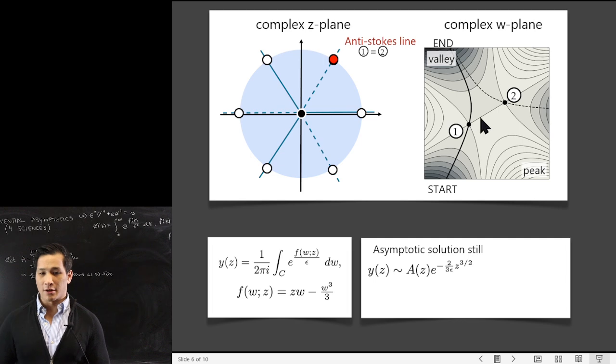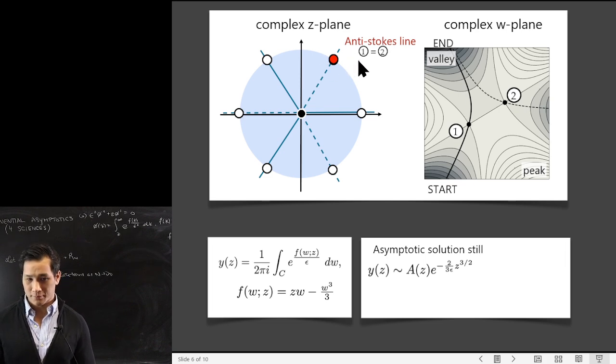And you see the criterion according to the complex w plane is that at this anti-Stokes line, the two saddle points are equal in height. They're lying at equal height. But there's no need for you to traverse from 1 to 2. And you just simply continue on in your path from the start valley to the end valley. So this anti-Stokes line is not doing anything.